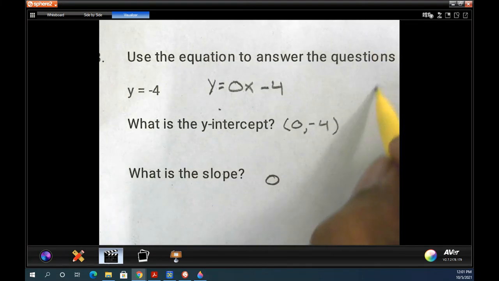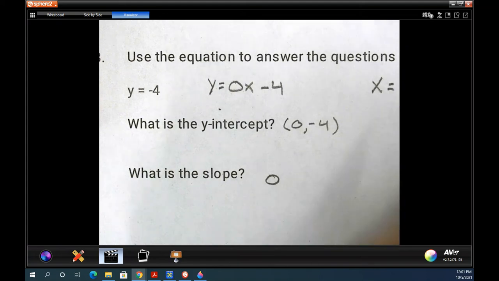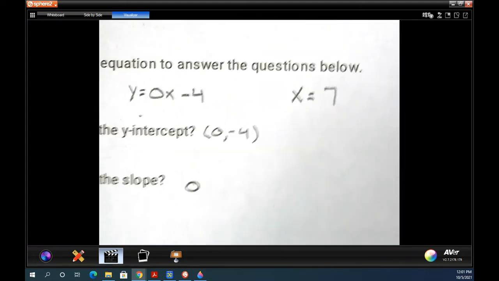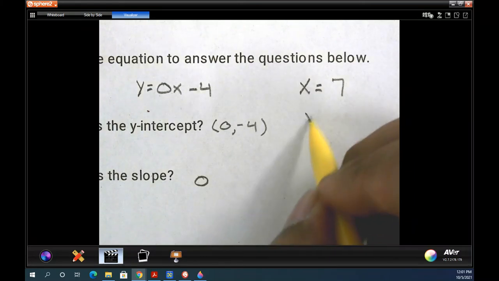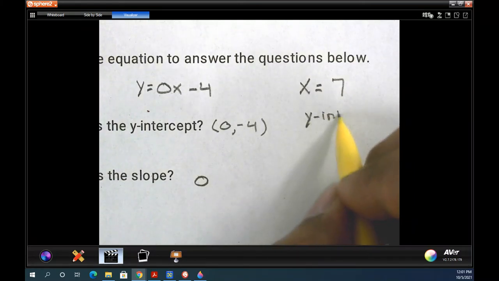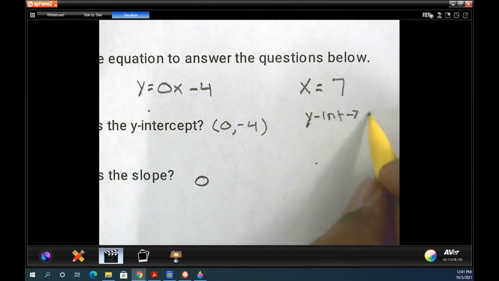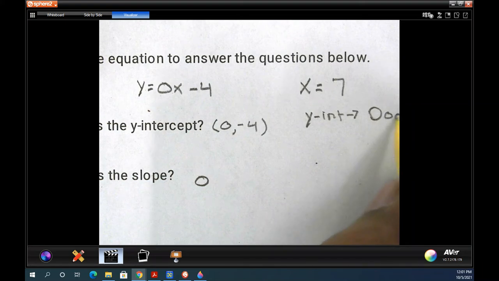Look at this one. Let me give you another example. Let's go x equals 7. Write it down so you'll have it. What is the y-intercept here? No. What is the y-intercept? Doesn't exist. X equals a number.